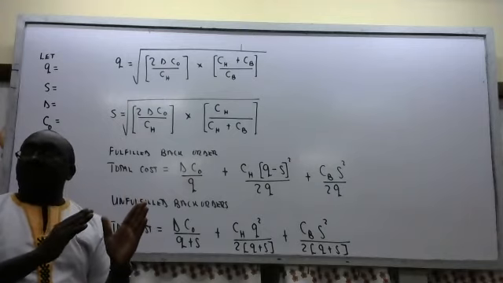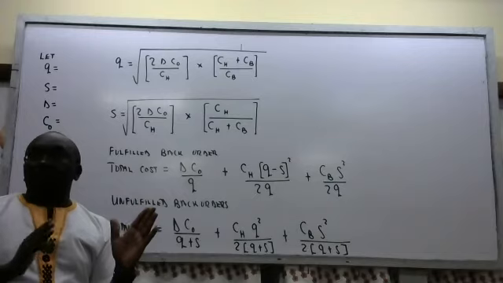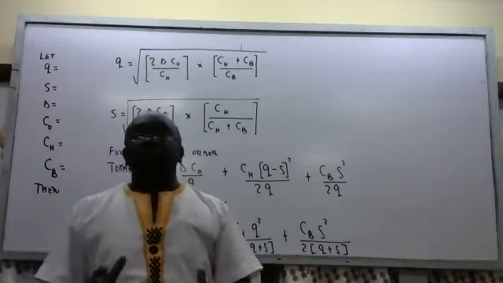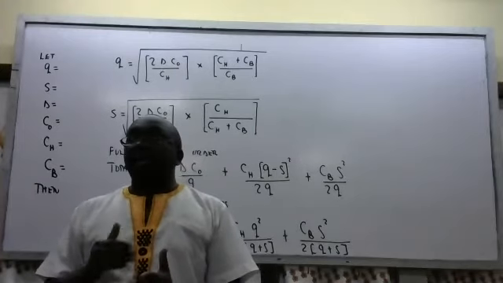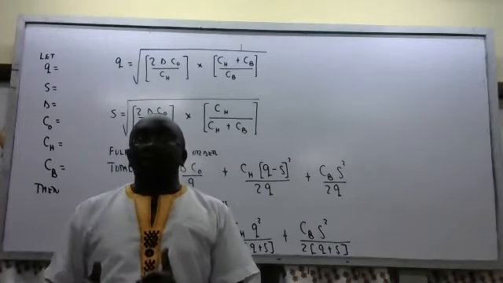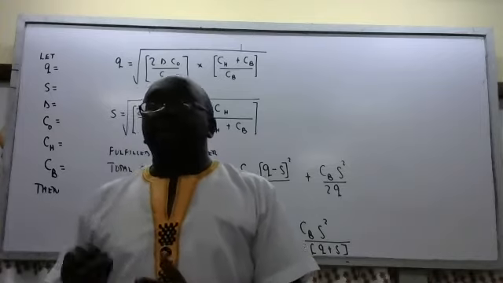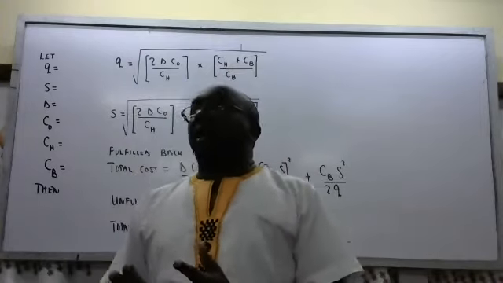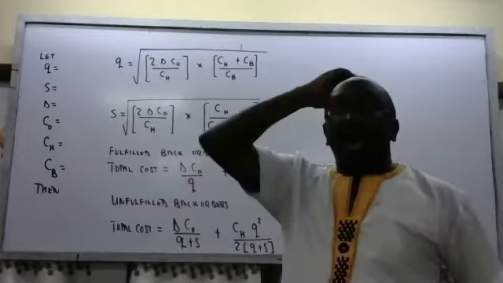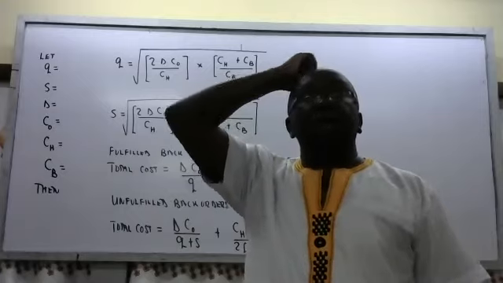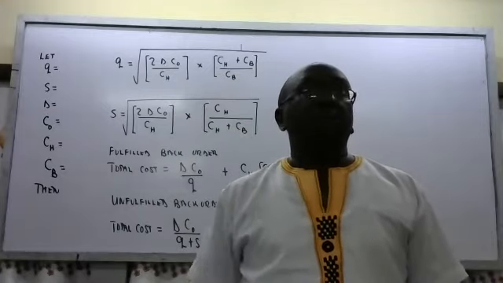But you are not making a move to order some more. So unaacha inaisha. Or you are already out of stock, but you are not making any effort to restock. That's what we call permitted shortage. So you are aware and you are doing nothing about it. And this one is preferred where the holding cost is very, very high. The holding cost is very high and the customer is willing to wait.